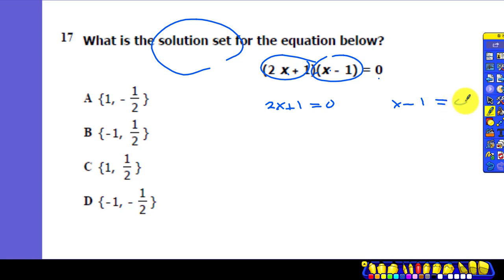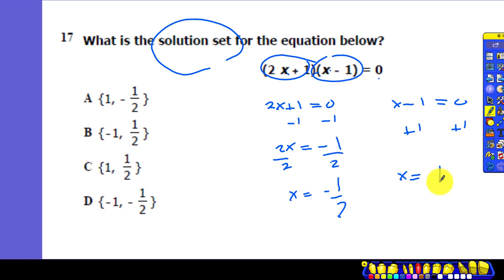So I just need to figure out what's the value of x that will make it 0. Subtract 1 from both sides, we'll get 2x equals negative 1, correct? Then divide by 2, we'll get negative 1 half. What about here? Add 1. x equals 1. So 1 and negative 1 half.